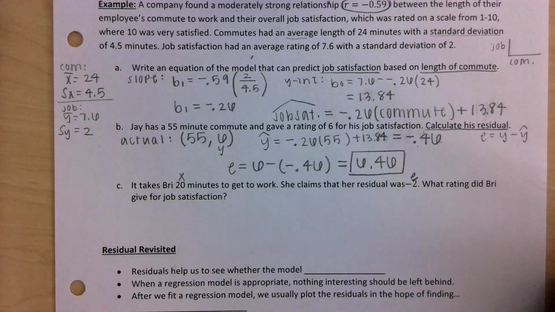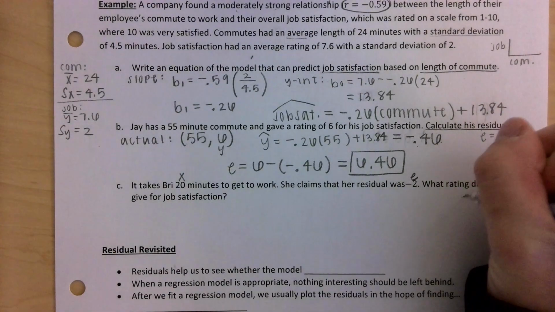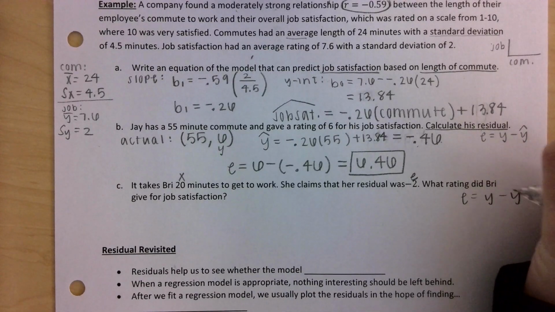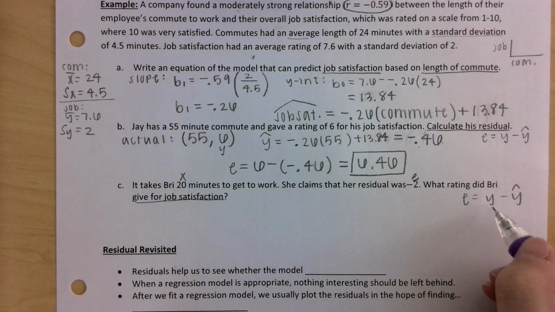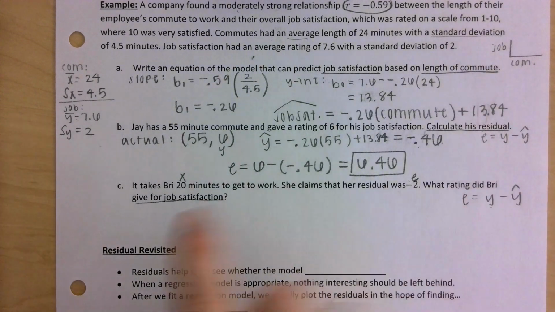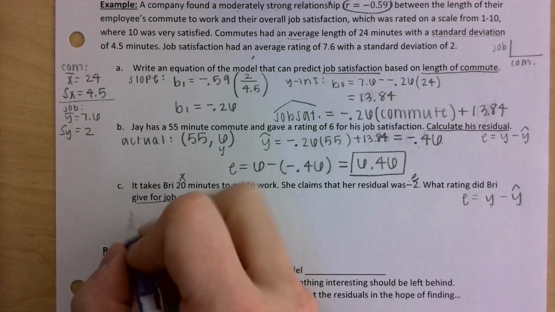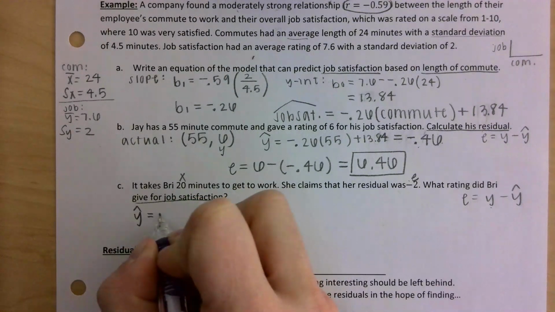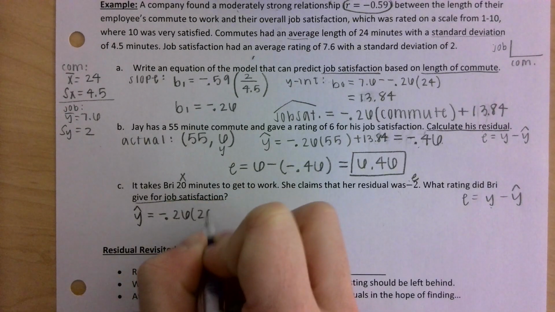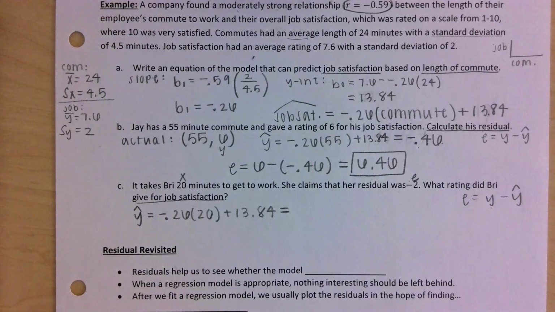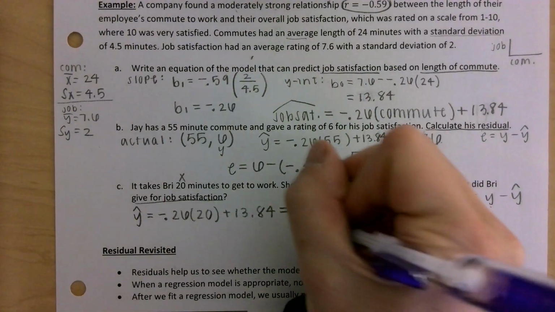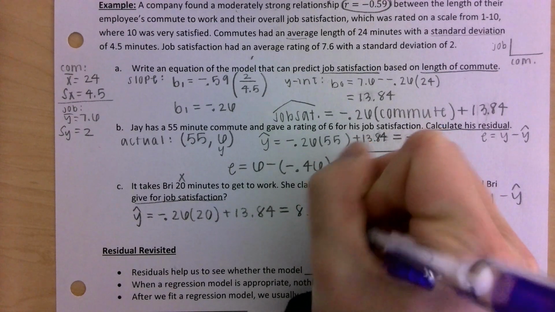So if I'm thinking about this residual here, I'm going to write my little equation again. I'm trying to find what rating Bree actually gave for her job satisfaction, which is our Y. They give me E, but again, I don't have a Y hat, so I can find that Y hat by, again, plugging in 20. So I'm going to plug in 20 minutes now for our X. I got 8.64.